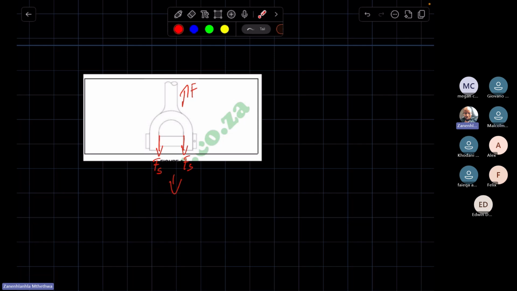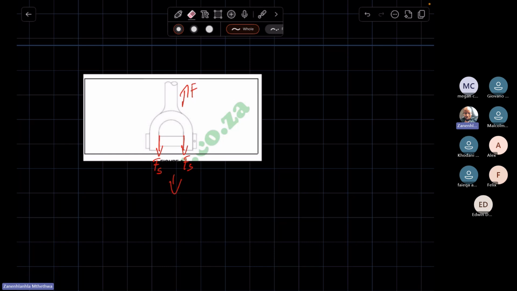Remember this is being pulled in that direction, so the shearing would be in that direction. It is being pulled up. You see that? Yes, I do.